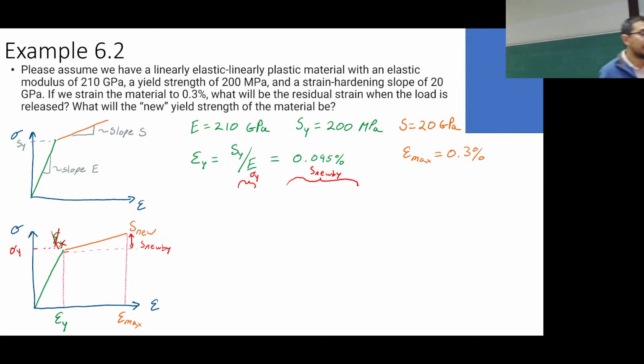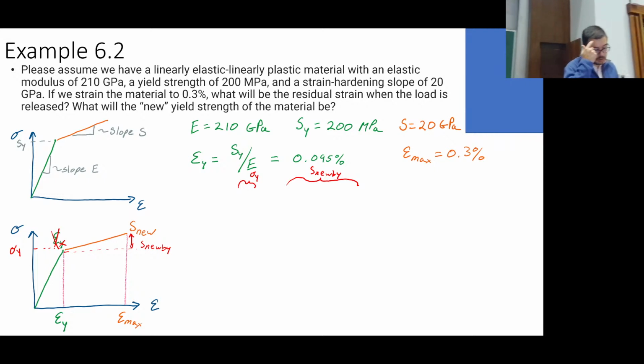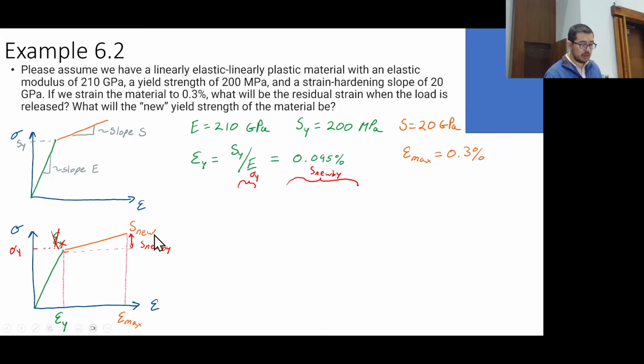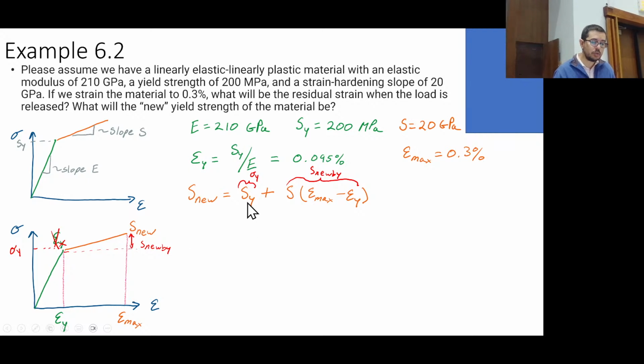That's going to be the maximum stress that we get to. I called it S nu or S nu B, with S nu B being the difference between the yield strength and S nu. You see there's a little gap there.